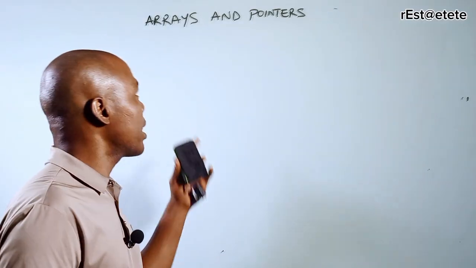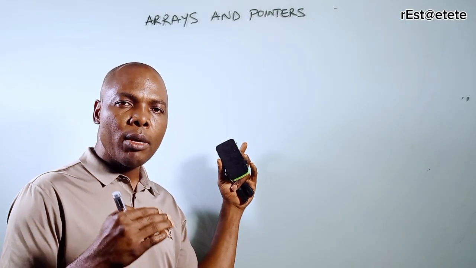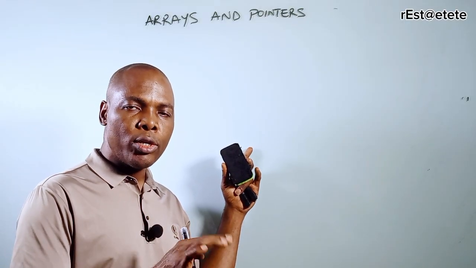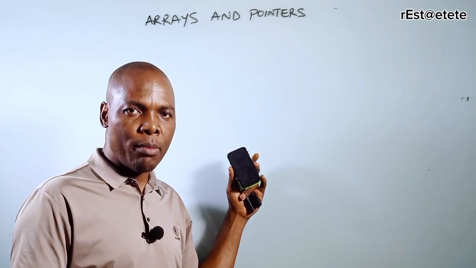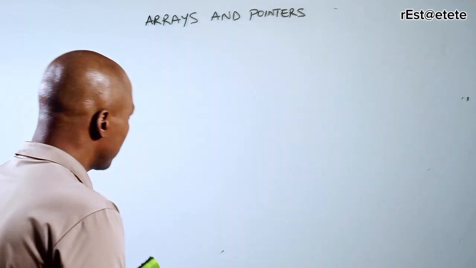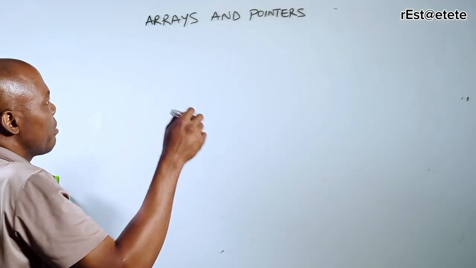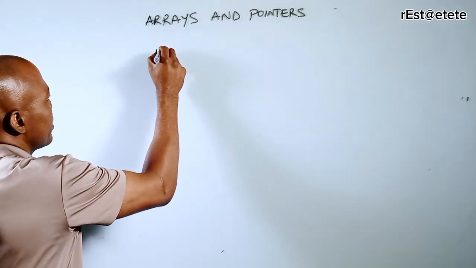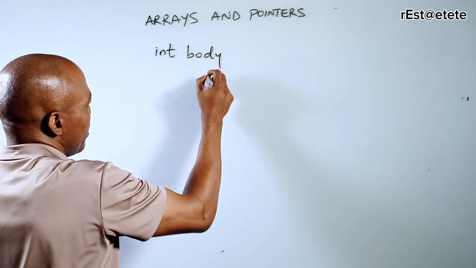So today we are going to look at arrays and pointers. In the last class, we did pointers to one-dimensional array. So in this class, I'm going to teach you pointers to what? Two-dimensional arrays. Okay. So I'm going to declare a two-dimensional array. So I'll say int, I'll call it body, right?